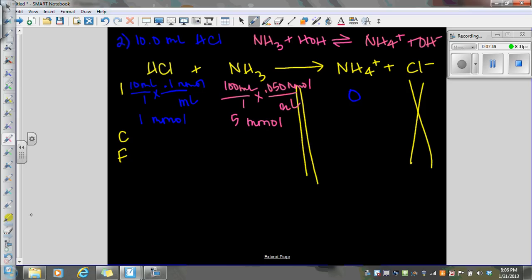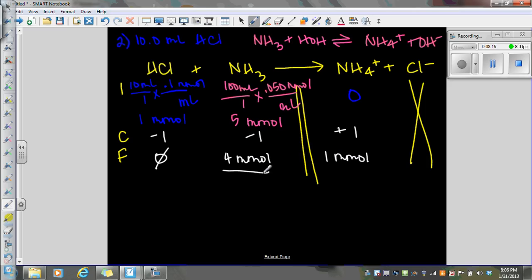Now, just like when we did the weak acid strong base problems, we look on the reactant side to see what's limiting. The strong acid is limiting, so the reactant side goes down by 1 millimole, product side goes up by 1 millimole. We have no acid left. We have 4 millimoles of ammonia, and we have 1 millimole of the conjugate acid.